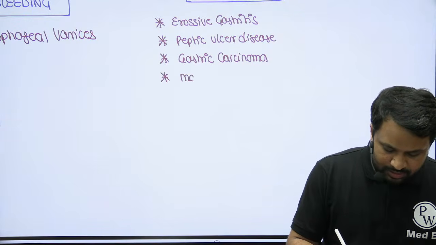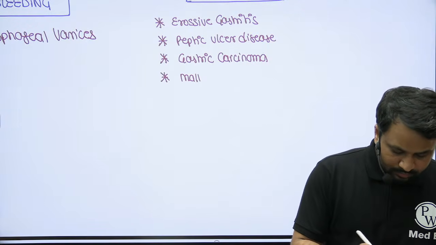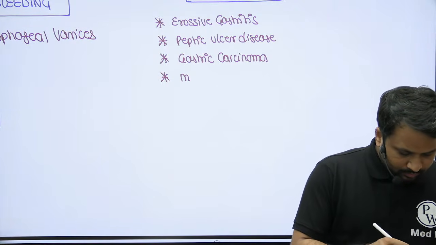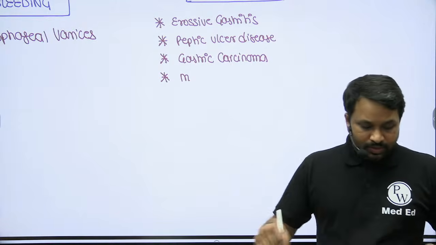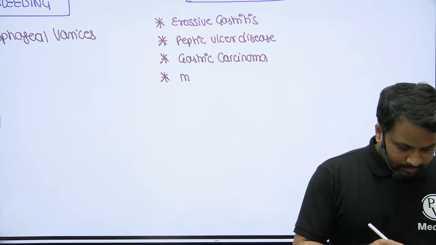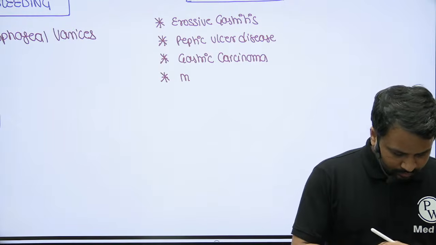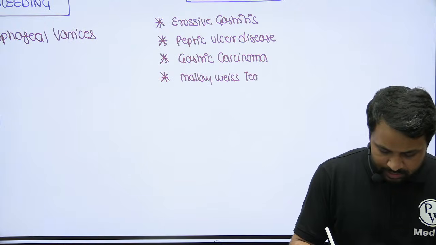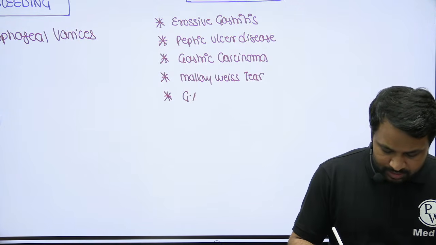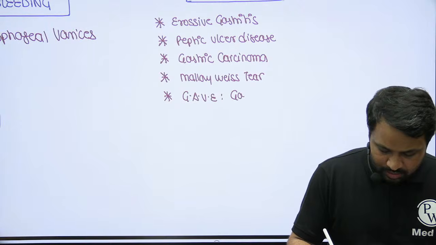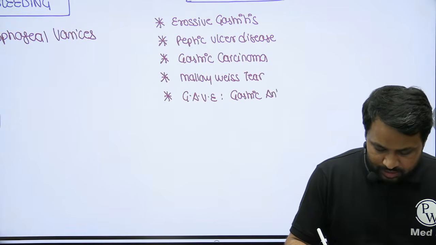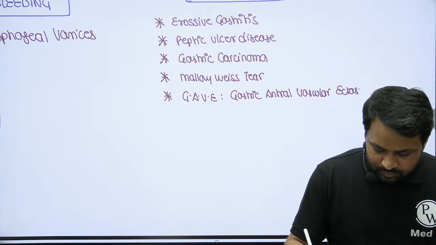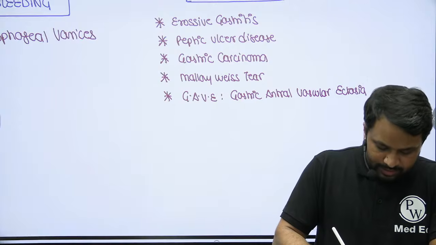Then you have other causes like Mallory-Weiss, and associated conditions like GAVE, that is gastric antral vascular ectasia.